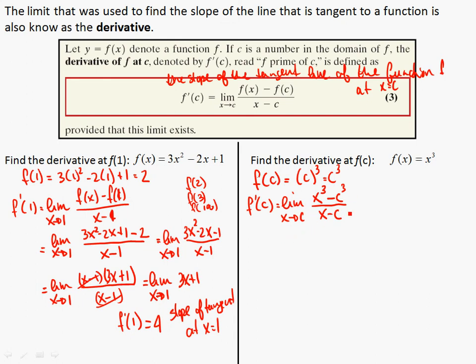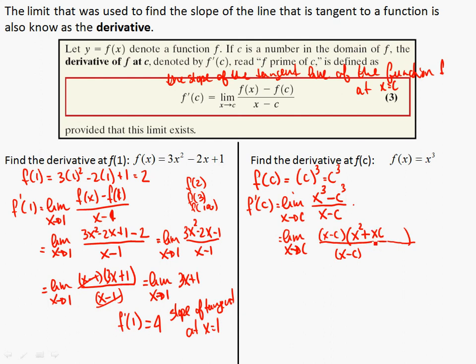So what do you know about the top and the bottom? What has to happen here? For this to work, what has to happen here? It's factorable, right? And x minus c must then be a factor both in the top and in the bottom. Okay, so this is a cube. So this is a pattern. What's the rest of the pattern? xc, x times c.